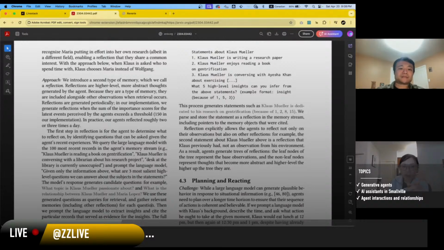So essentially all those statements you're seeing, 1, 2, 3, are generated based on the questions asked. Why do they do that? It's so complex. Ask questions, retrieve, and then based on the retrieved results, generate insights. Maybe it's retrieving different things. One sec, let me just read that first. The first step is to determine what to reflect on by identifying questions. We query with the 100 most recent records.